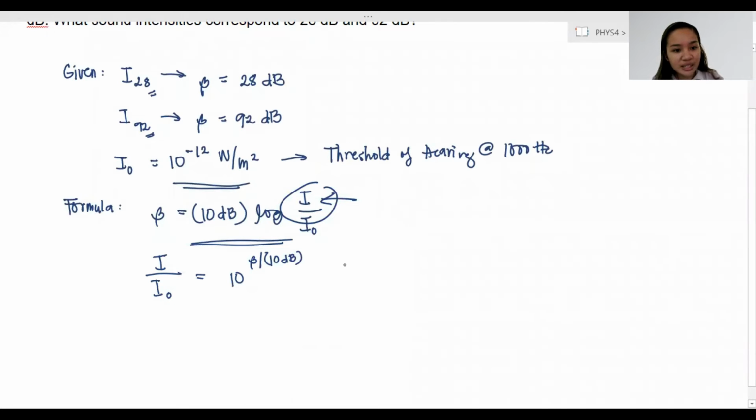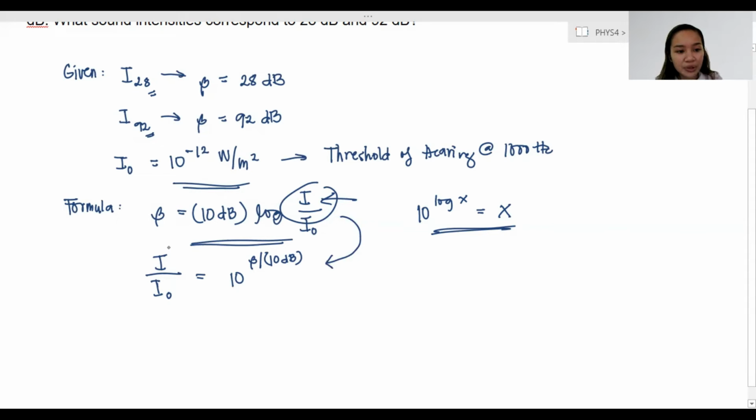So this is from the relationship 10 log x equal to x. I am not really sure which part of your mathematics subject this is, but I am pretty sure that you have already discussed this in your previous maths. So, I will go straight to the exact derivation of this formula to this equation.